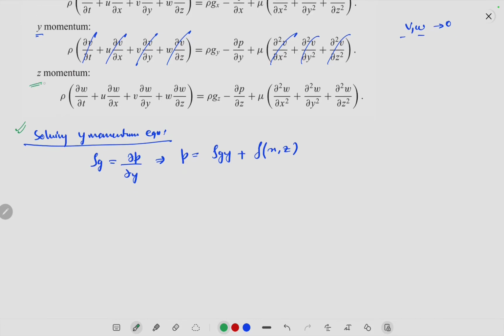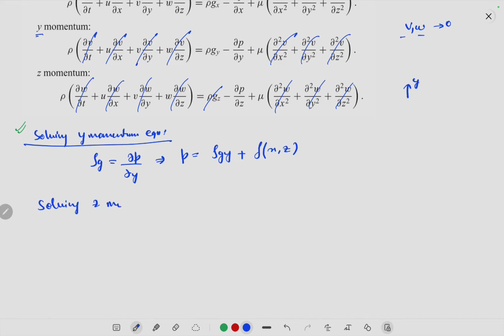Now let's solve the z momentum equation. Since w is 0, this will be 0, this will be 0, this will be 0, and this will be 0, and this and this will also be 0. Since in our problem the vertical axis is y and not z, rho gz will also be 0.